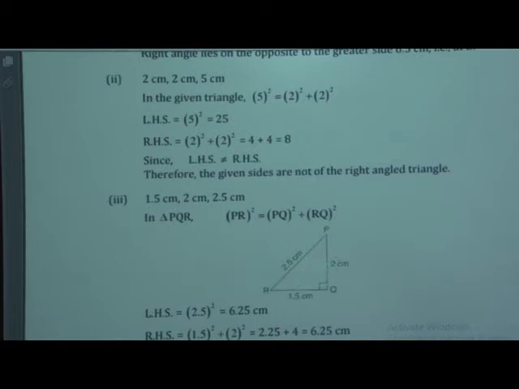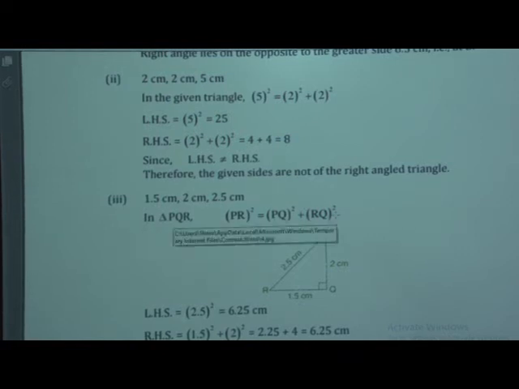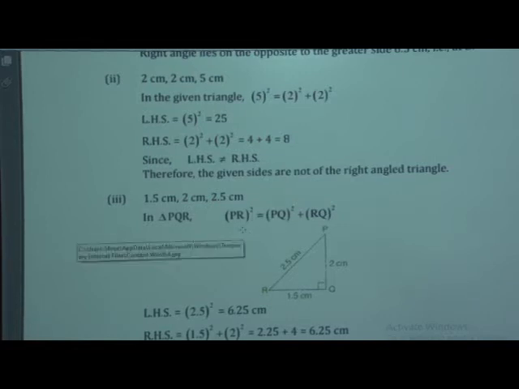These are the one and this is another side. So we have to add the side squares, PQ square plus RQ square. We will find out what the LHS is, that is PR. PR is given as 2.5 centimeter.